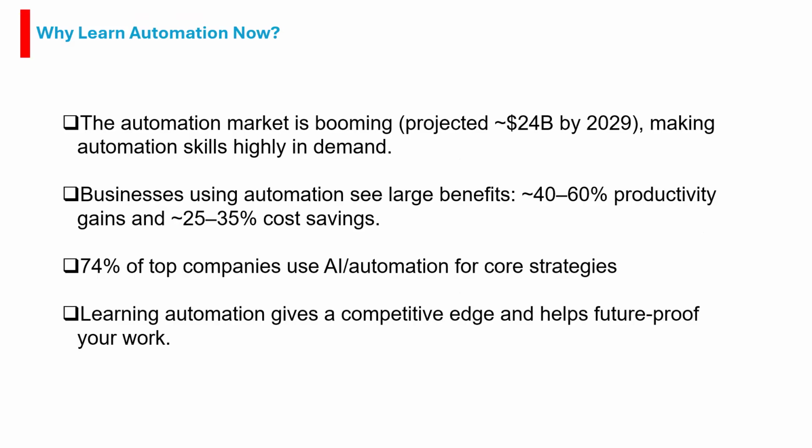Of course, it's an in-demand skill. Businesses that use automation see very large benefits, up to 40 to 60% productivity gain and about 20 to 35% cost saving. 74% of top companies use AI and automation for cost strategies.